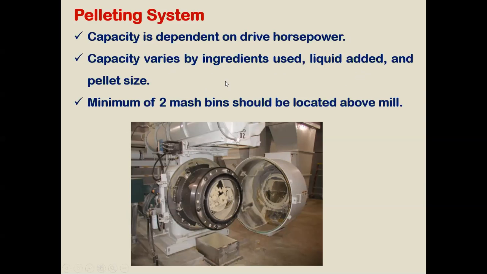So capacity varies with the size of the pellet, liquid added, and types of ingredients. And a minimum of 2 mass beams should be located near the mills. So this is about the pelleting system, how it works and how it looks in a feed unit.